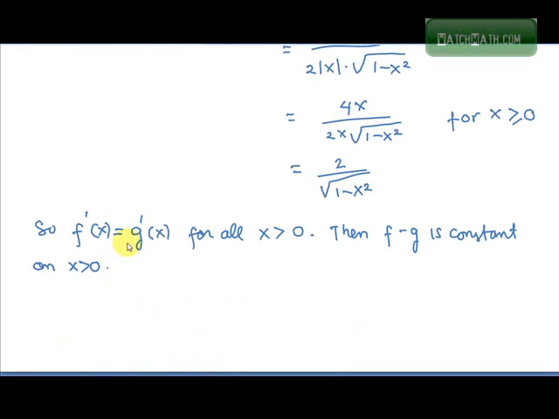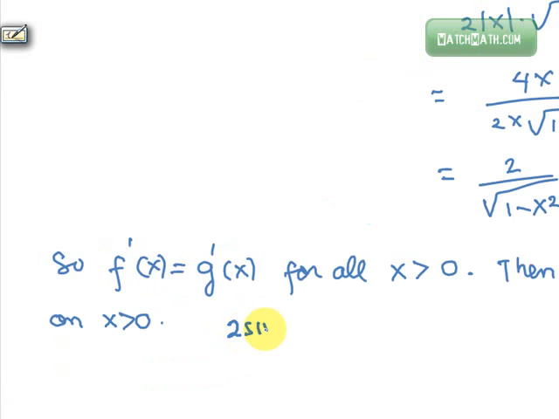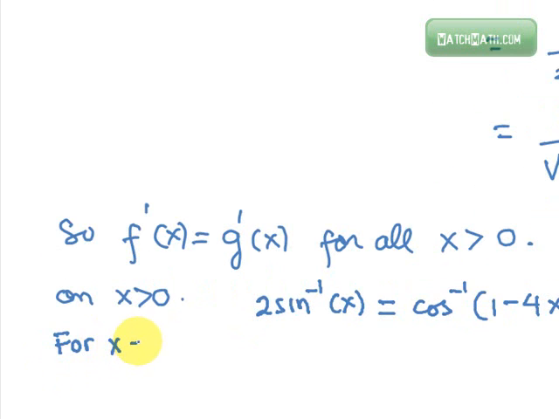First, let us rewrite what we want to prove. We want to prove that 2 arc sine x equals arc cosine of 1 minus 2x squared. Now for x equal 1, this is f, right? So for x equal 1 we have 2 arc sine 1.